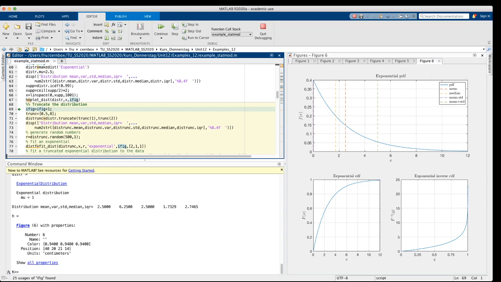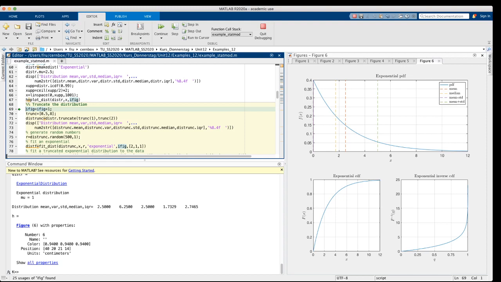Now I show you how to truncate such a distribution. This is frequently necessary. For instance, in my field of research, particle physics, we frequently have to truncate the exponential distribution if we measure waiting times, because for instrumental reasons we cannot measure very short, and also we cannot measure very long waiting times.